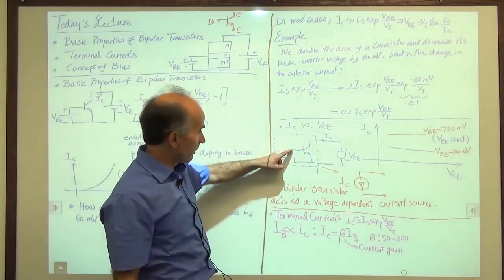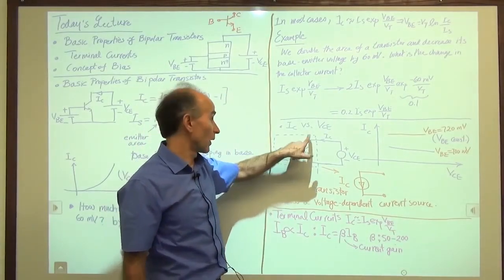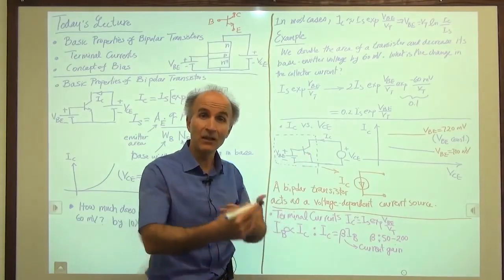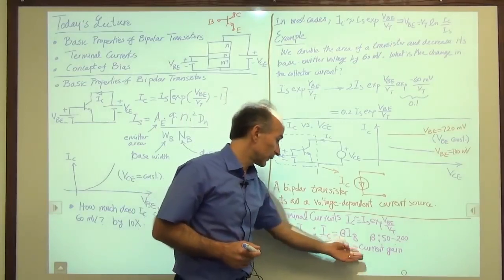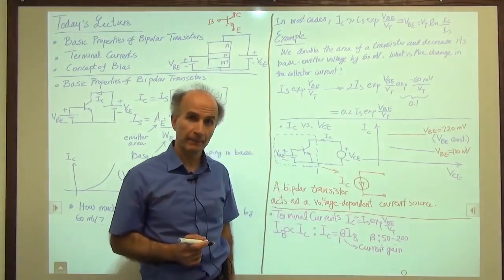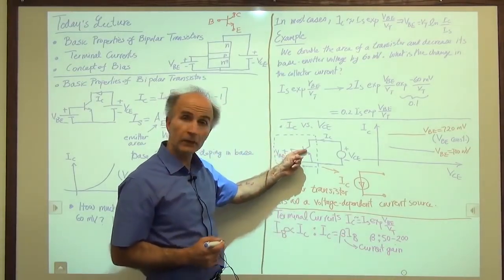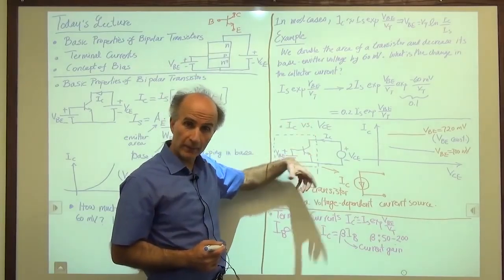So if we have 1 microamp going in here, we get 100 microamps here. So there's a gain involved. There's an amplification involved. So that's why we call it current gain. For 1 microamp into the base, we get 100 microamps in the collector.